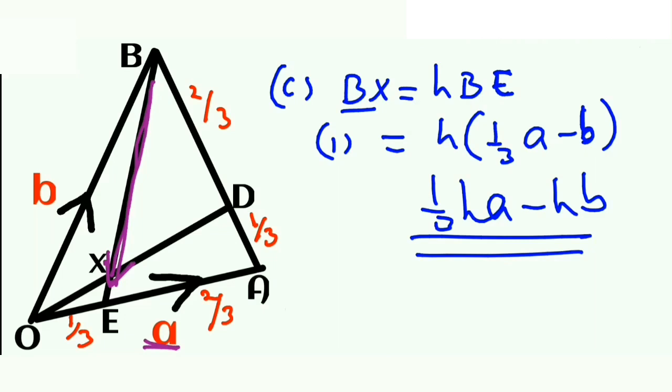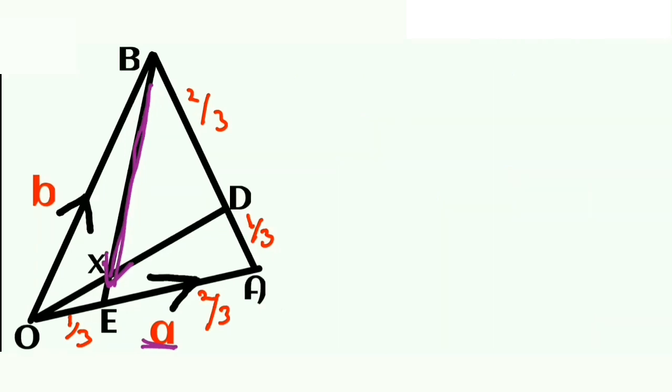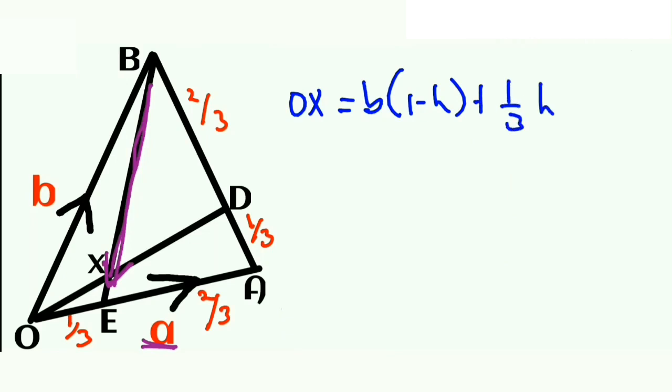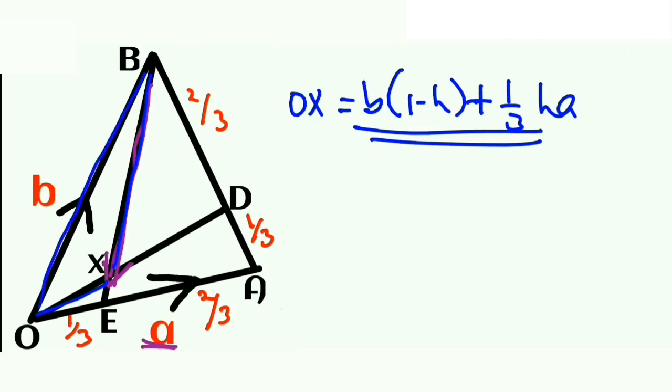C part 2: show that OX equals B, open bracket, 1 minus H, plus 1/3 HA. So you have to show that OX equals this value. If I'm to draw this triangle, it will look something like this.